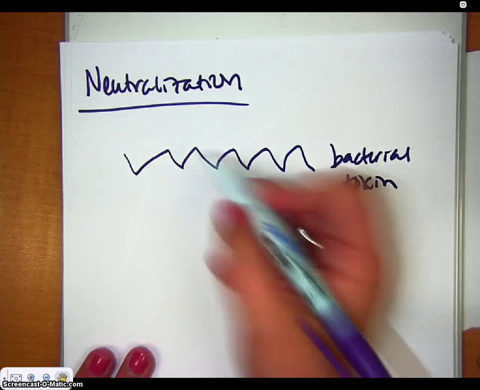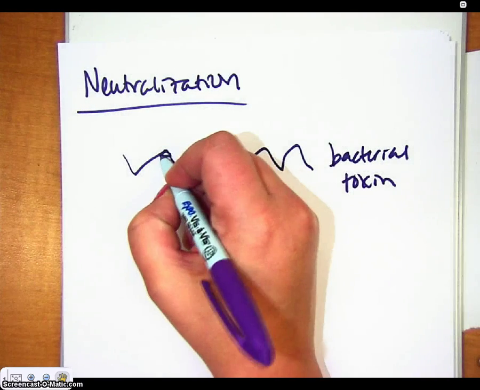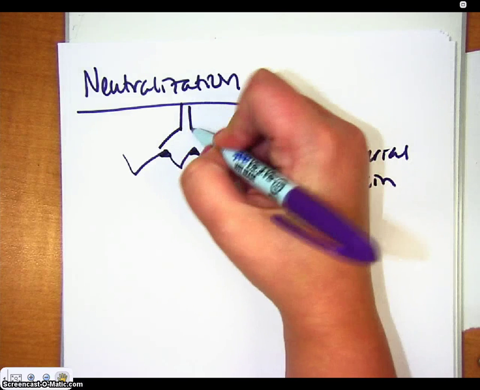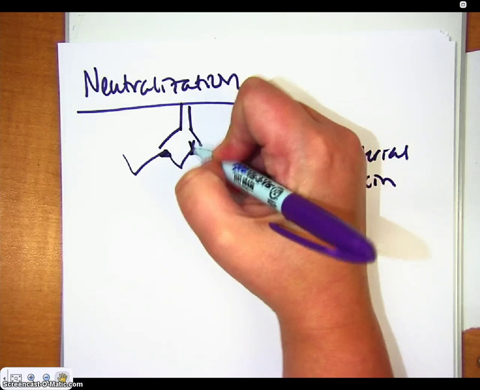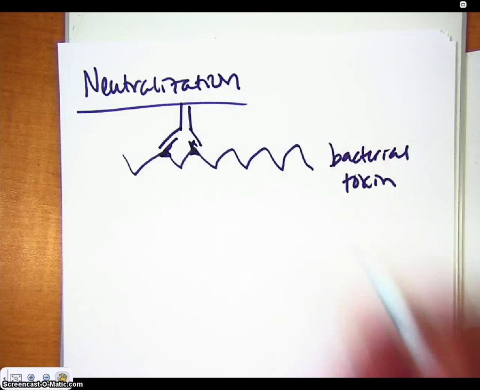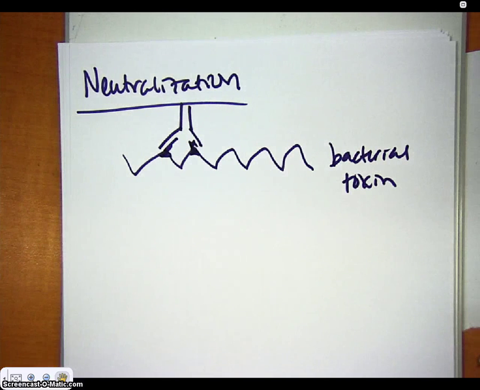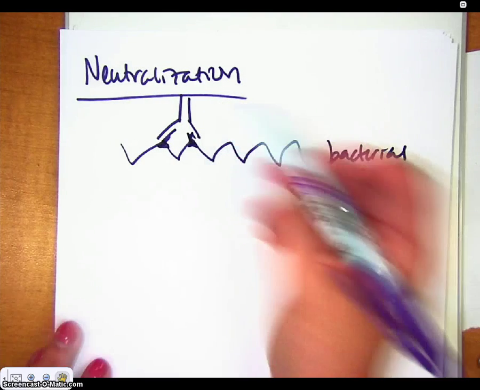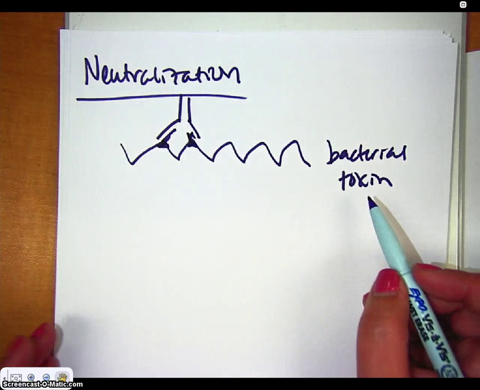Well, if an antibody recognized a part of this compound and was able to bind to it, by grabbing on with its little hands, that would prevent the function of that toxin. So it essentially neutralizes the toxin and prevents it from being able to cause that neurological disruption.